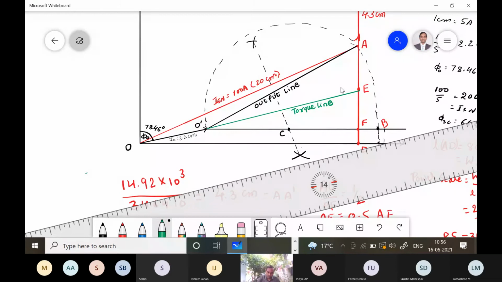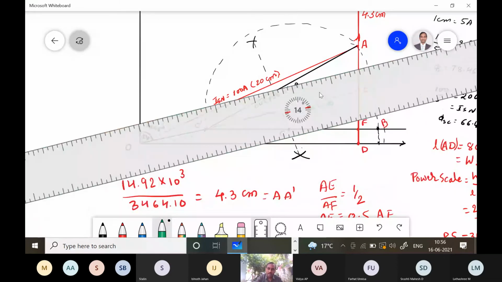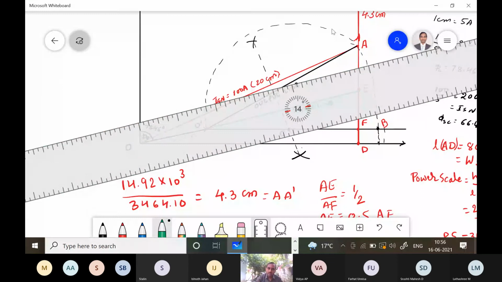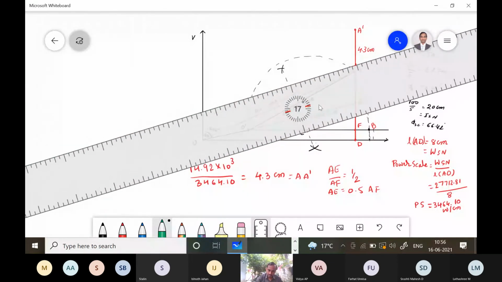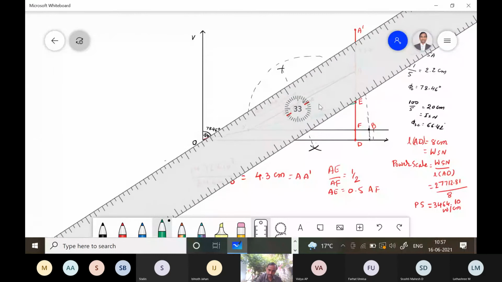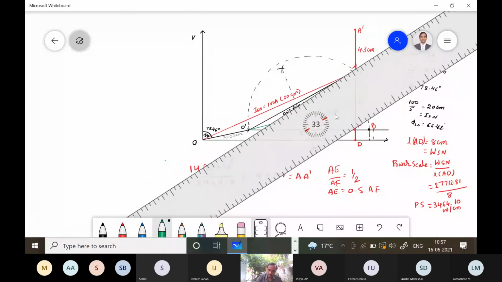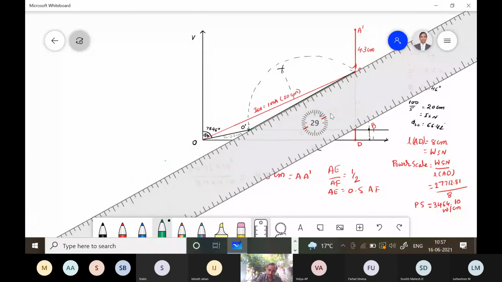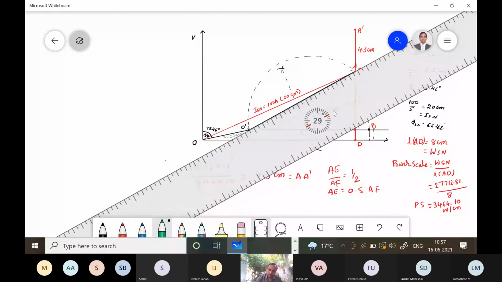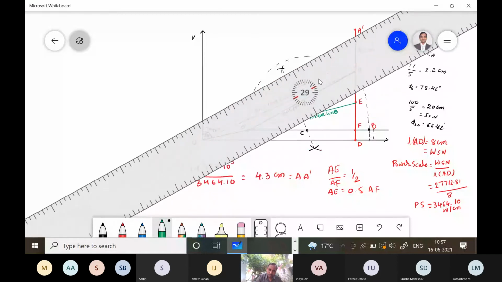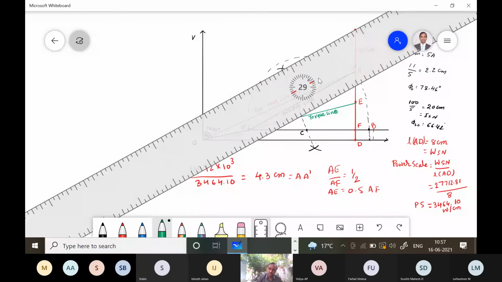Okay, now draw the parallel line to the output line from A dash. So that will give A dash P. That is a parallel line to the output line. So this is the output line. Parallel to the output line, draw it.